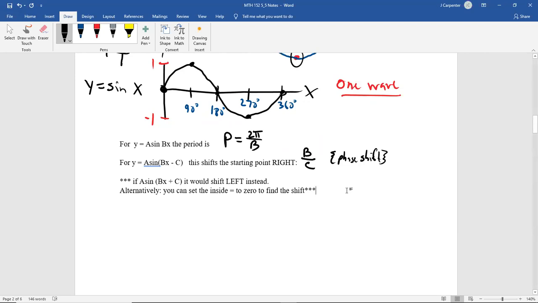So some people just prefer memorizing that fraction of c over b. Some people prefer setting the inside equal to 0 and solving. It doesn't matter, they are the same thing. Some people like memorization of patterns, some people like logic and reasoning, but setting the inside equal to 0 is what will give you the starting point of your wave for the initial wave.